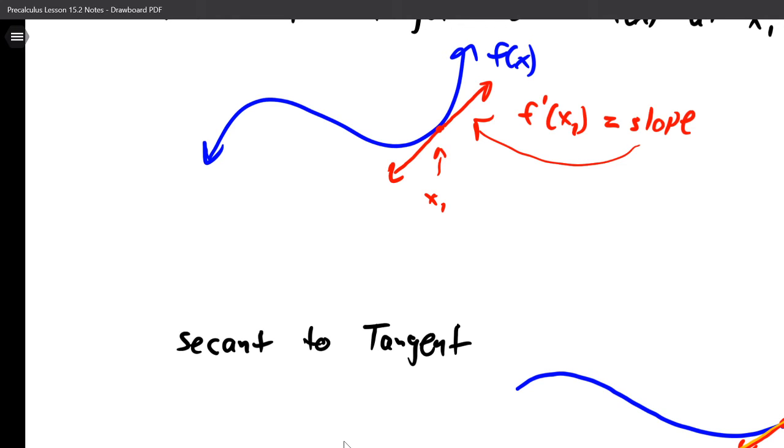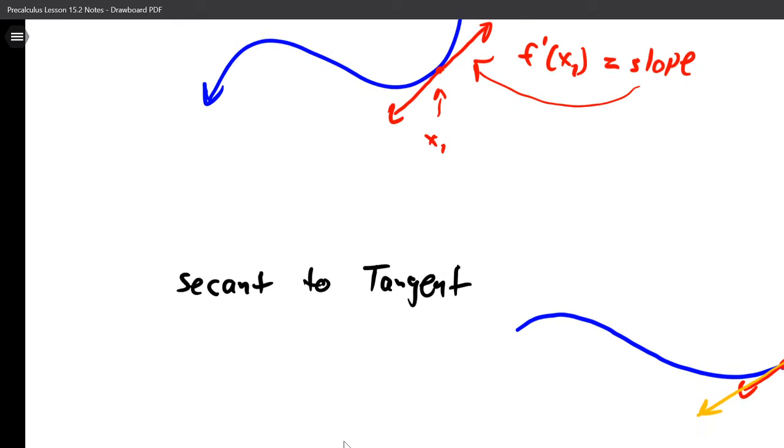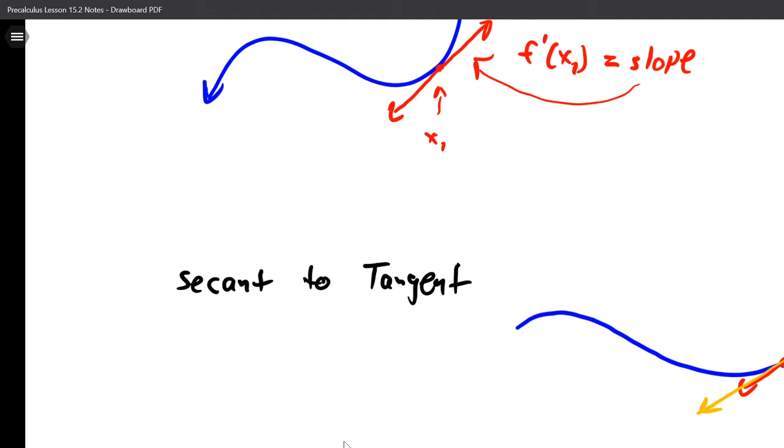Now at that point, if your 2 points have no distance between them, you now are finding the slope at that one point, and you've moved from dealing with the slope of a secant line to then finding the slope of a tangent line.